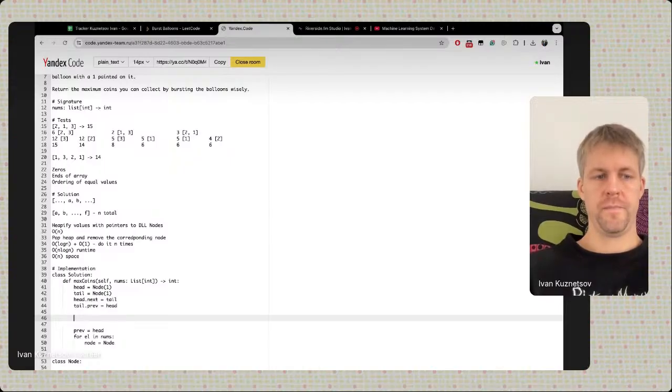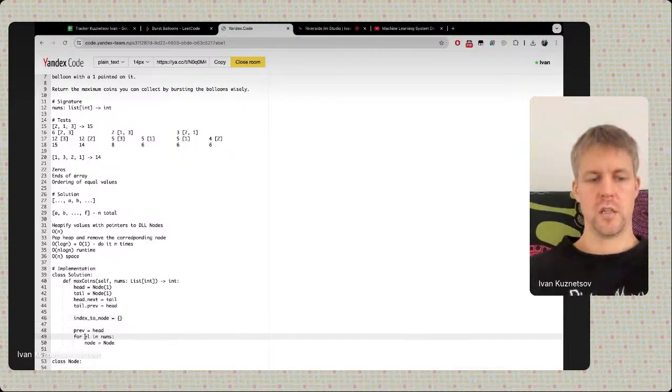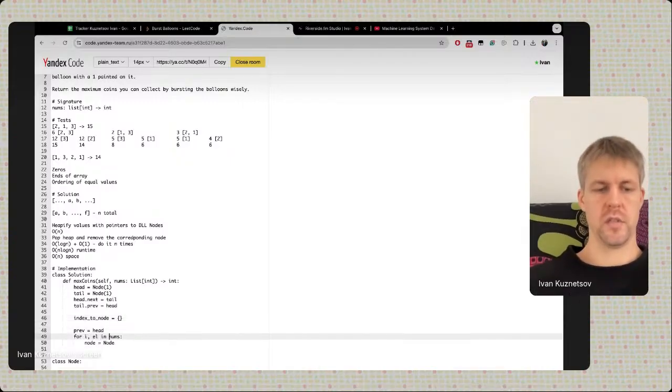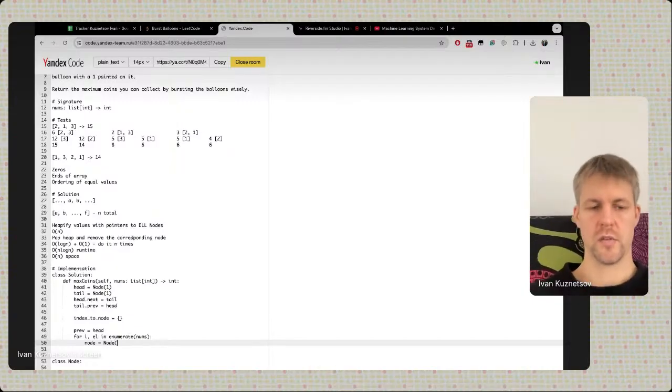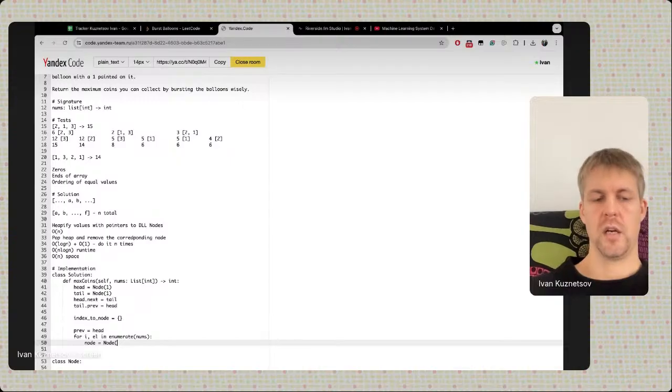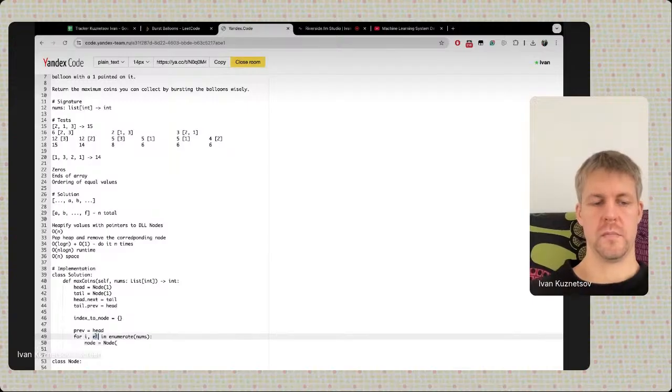We also need to track everything in a dictionary, index to node, equals a dictionary, and here we need to do for i, element in enumerate nums. We will be finding those by indices in this array, because they will not be duplicated. So node will be node of element, maybe let's call it num.